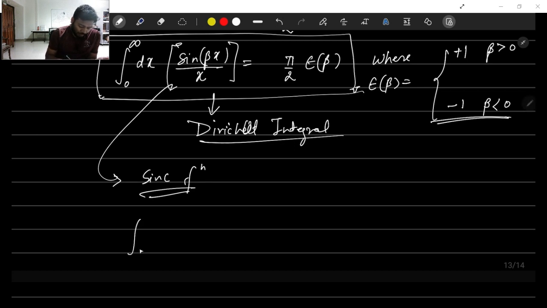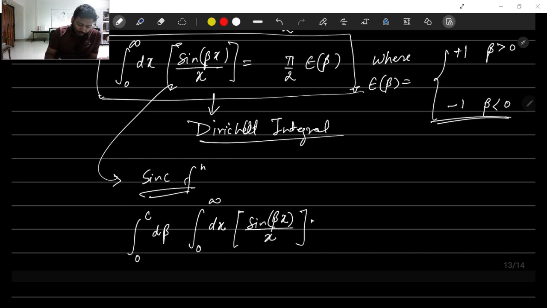So what we want to do is integrate from 0 to some constant c, d beta of the integral from 0 to infinity dx sine beta x.